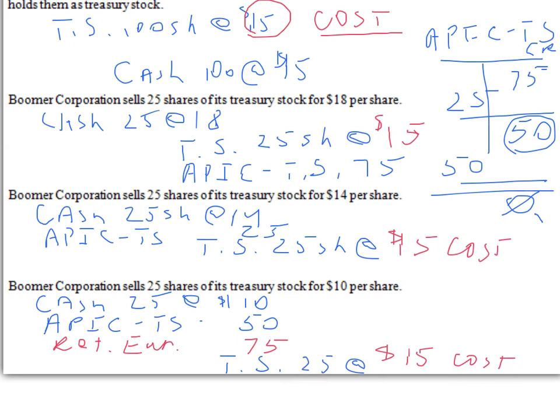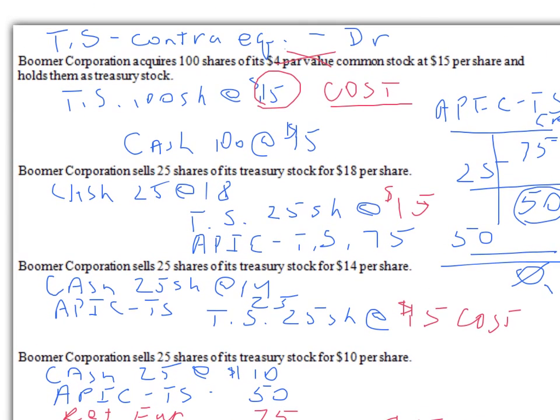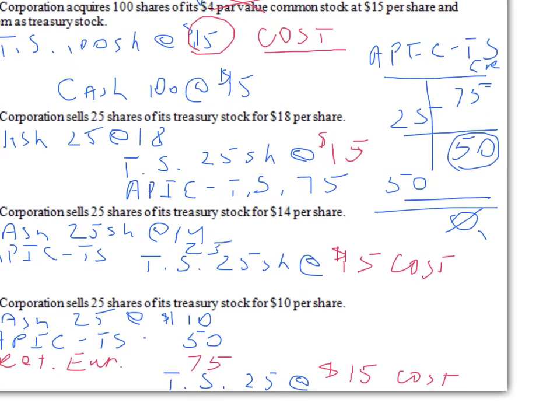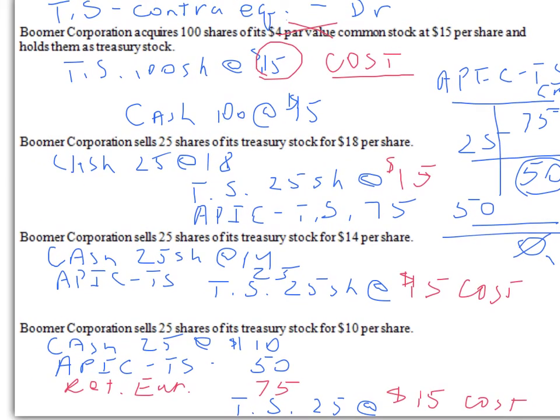So couple of points that I want to make. Make sure that if you are using cost method to account for your Treasury stock, you keep it at cost at all times. And remember, I even crossed out my par value so I can concentrate on my brand new cost right here.